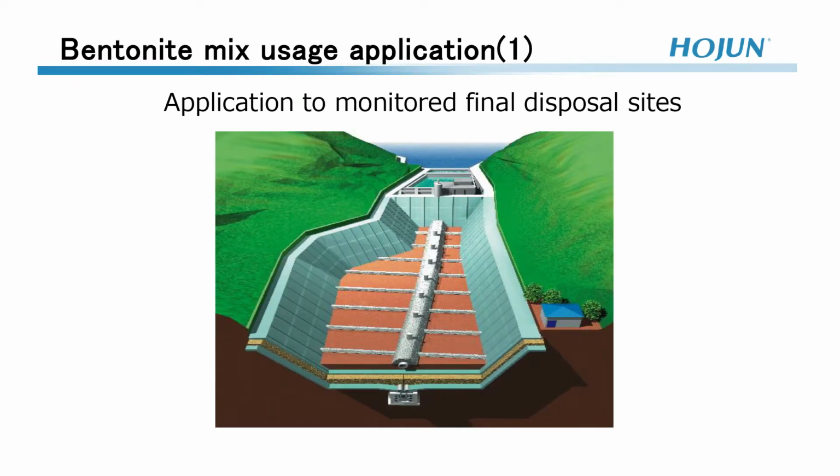Based on the seepage control, bentonite mix is used as the seepage control work in many final disposal sites. The seepage control work is one of the important facilities actively discussed regarding shaping citizen agreement for new locations for final disposal sites.